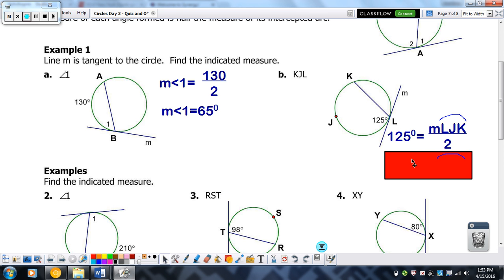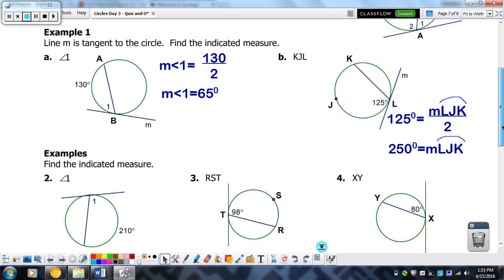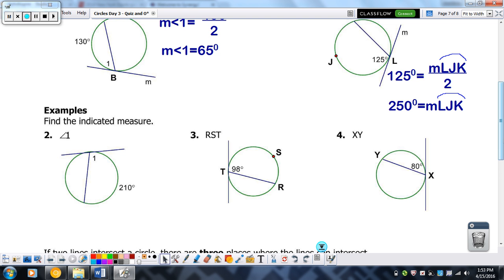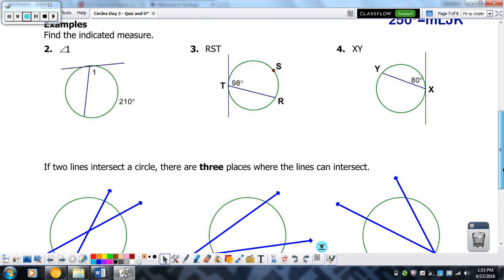It's the same arc. I just wrote the letters in a different order. So if we multiply both sides by 2, we would then see that the measure of the arc is 250 degrees. Numbers 2, 3, and 4 are examples for you to practice on your own. We will check them in class.